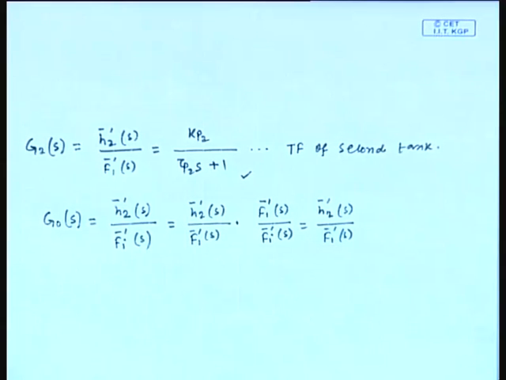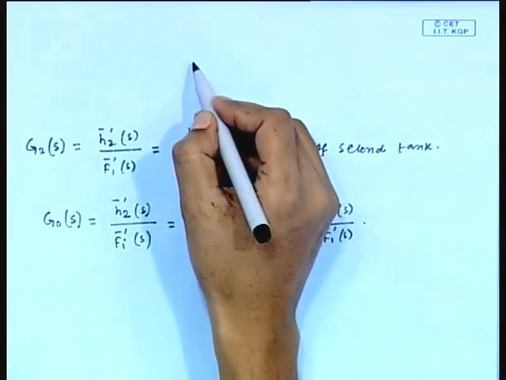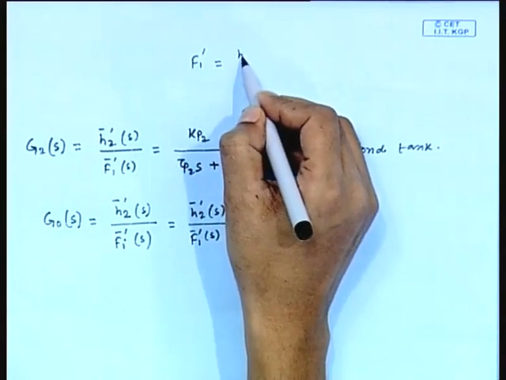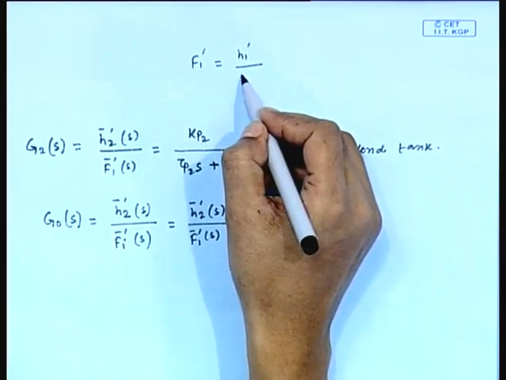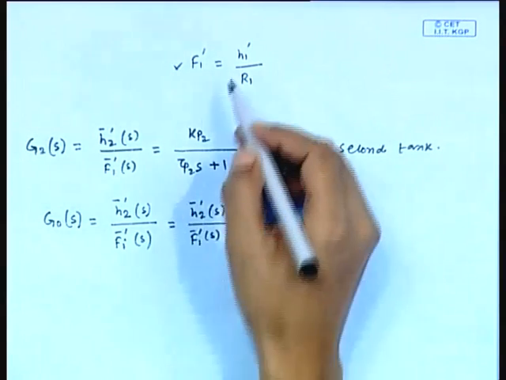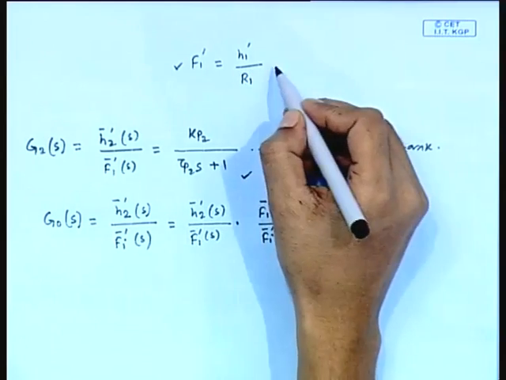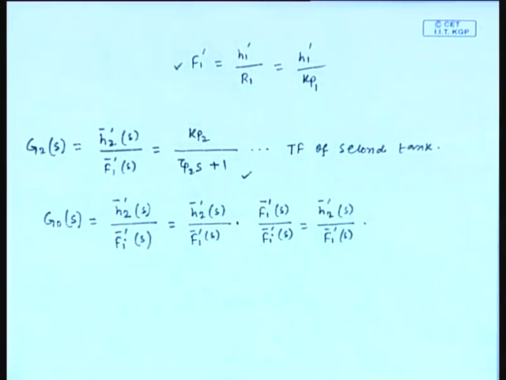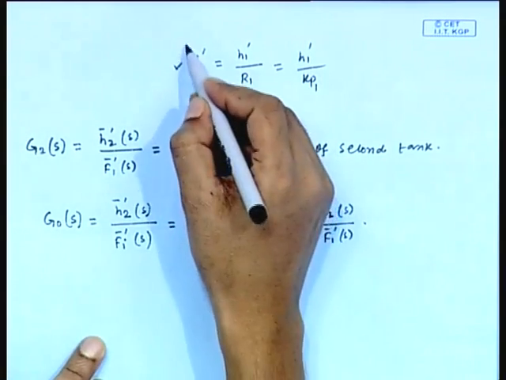This is nothing but the transfer function of tank 2. And what is F1 bar prime s? We know for tank 1, we have considered this correlation F1 bar equals H1 bar divided by R1, that means H1 bar divided by Kp1. Can we write this?